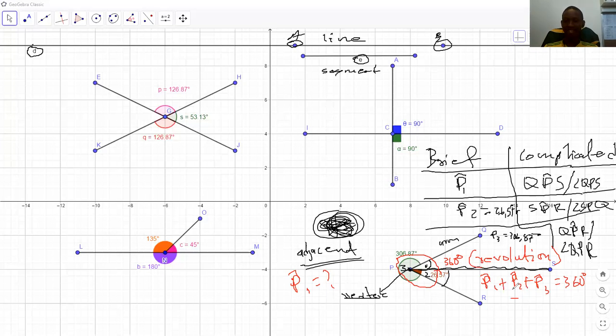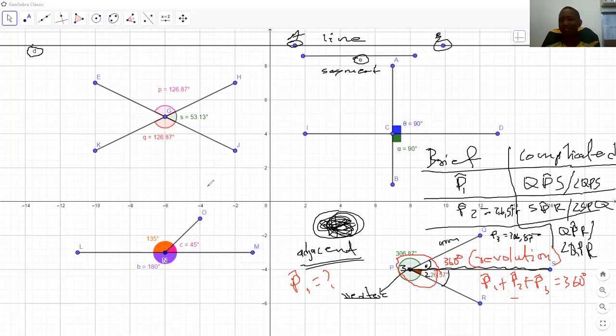You know P3 is 306.87. So what are you going to do? You're just going to say 360 minus 306.87 minus 26.57, and you're going to get 26.56. So that will be angle P1.